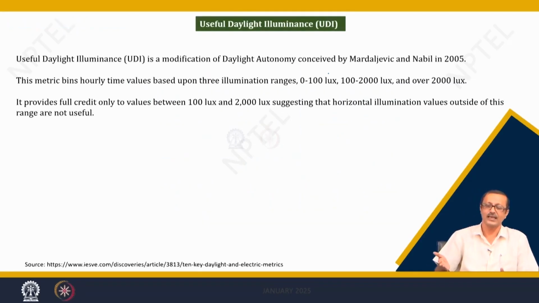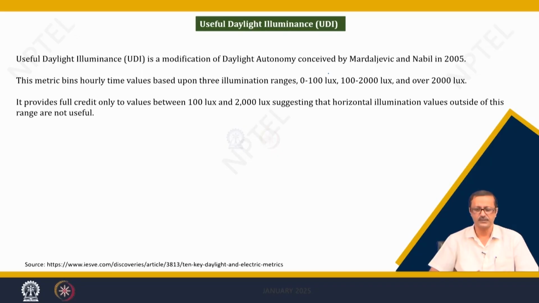The next layer of this daylight autonomy is the useful daylight illuminance, UDI, and this is another level up. So, UDI is a kind of modified version of the daylight autonomy, a modified DA you may say.